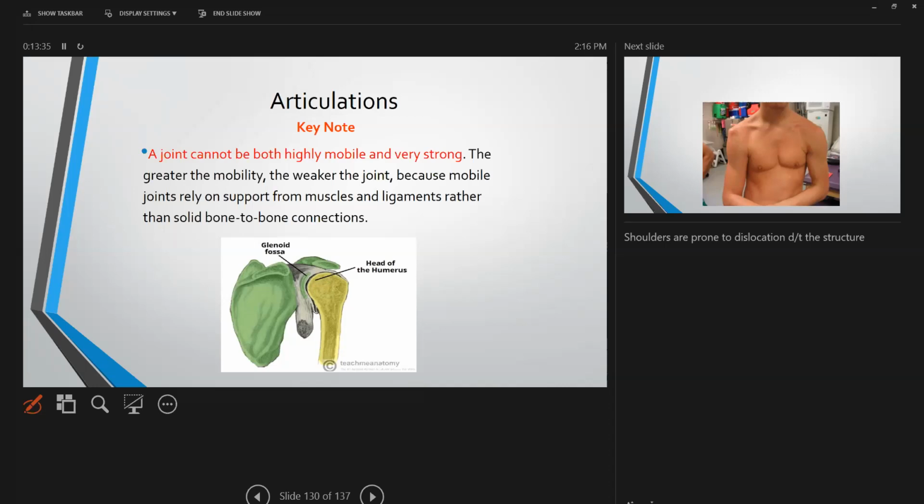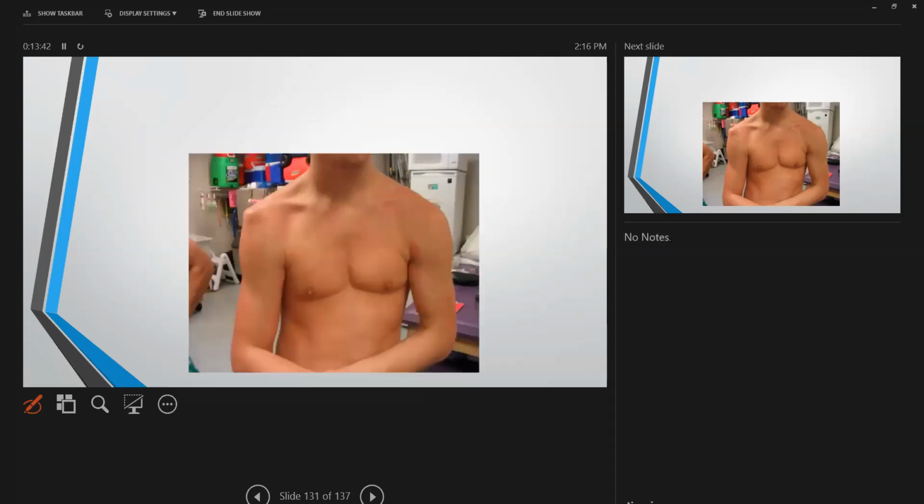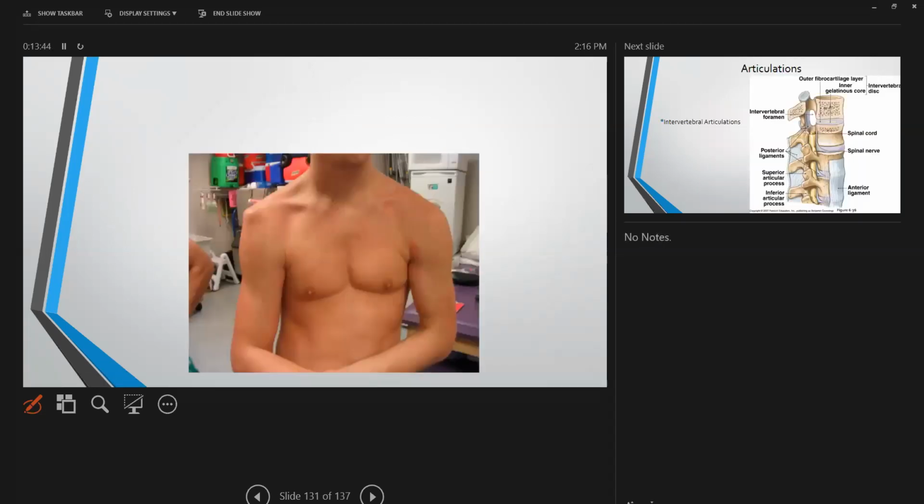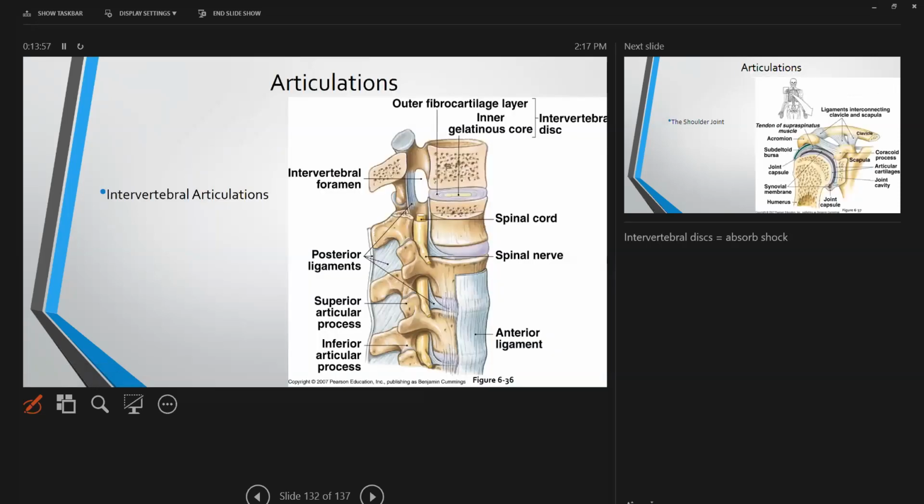However, it can also dislocate because it is held in by tendons and muscles and not bone on bone contact. So this is an anterior dislocated shoulder. You can see that the right shoulder obviously looks off, and these can be put back in with some skill.